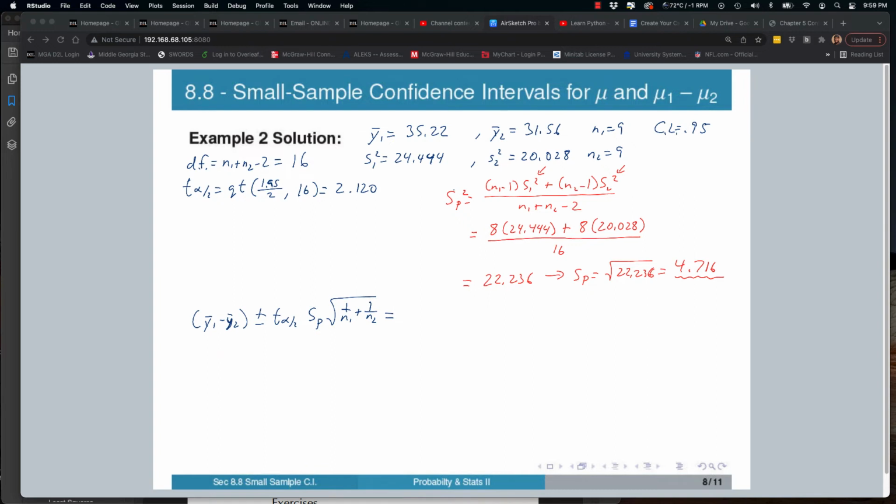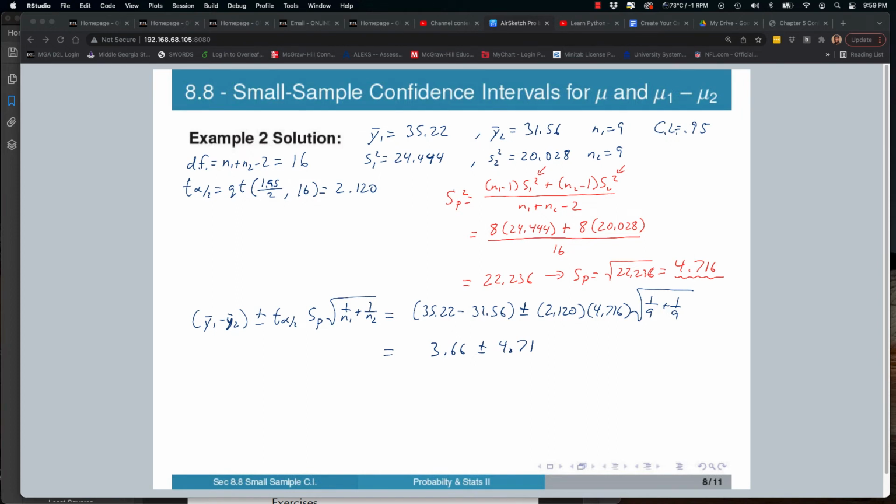That gives me 35.22 minus 31.56, plus or minus the critical value of 2.120 times the pooled standard deviation of 4.716, finally times the square root of 1 over 9 plus 1 over 9. And finally we can calculate these things out. You should get the difference between the means of 3.66 plus or minus, and multiplying all that together after the plus or minus, we should get 4.71 if you round to 2 decimal places.